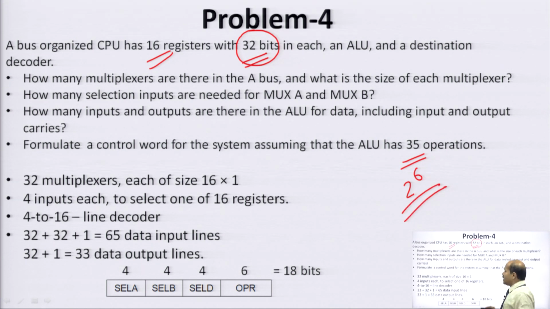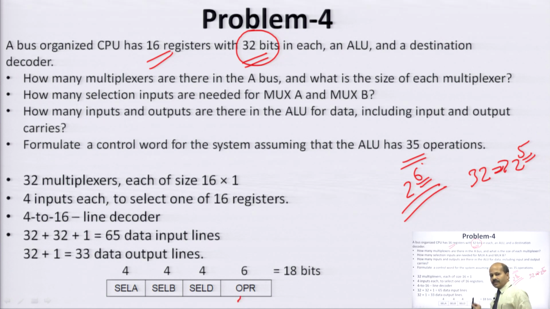So, 6 bits are required to represent the operation, because for 32 operations, 2 to the power 5 bits would be required. Since 35 is greater than 32, we have to take 2 to the power 6. So, 6 bits will be given to the operation code.